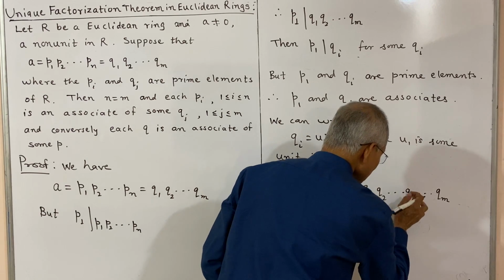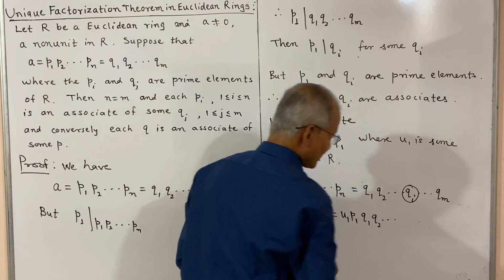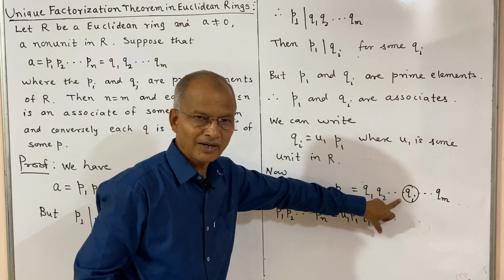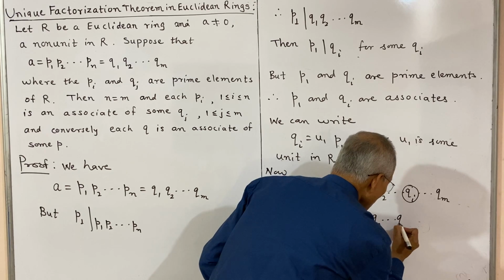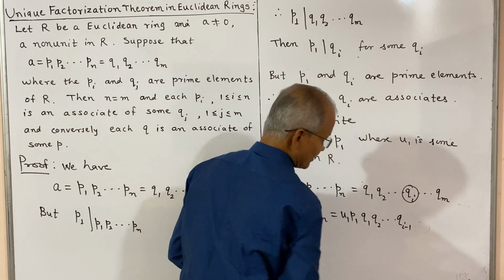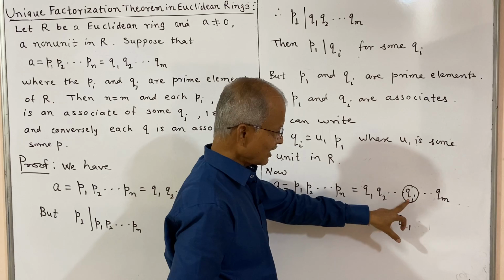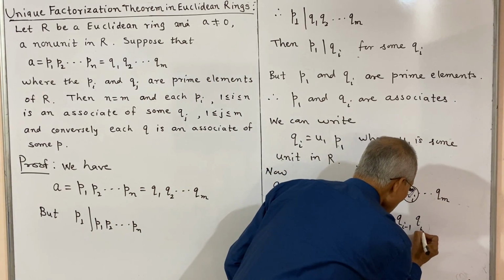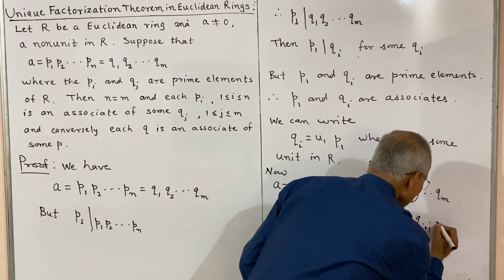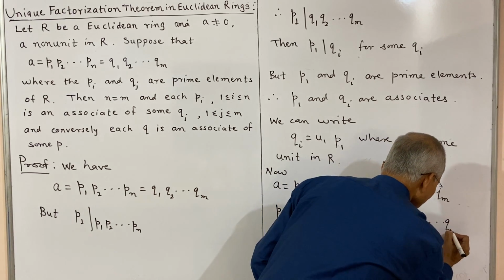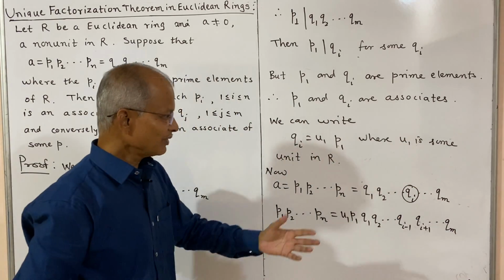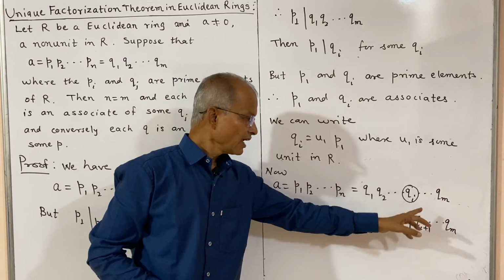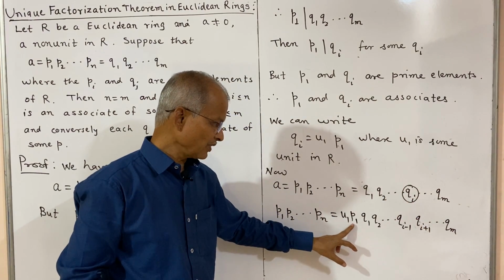Q2. But you see, we have written this as the first element here, and therefore the element earlier to it will be Qi minus 1, and the next will be Qi plus 1, and then it will continue up to Qm. So this is the expression. That means one element from the second expression we have expressed as U1 P1.